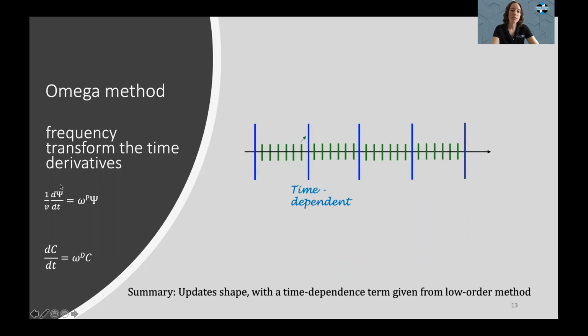In this approximation, the time derivative of the flux is modeled as a frequency, a prompt frequency, or a flux frequency. And the time derivative of the fission products has its own separate frequency. Now, keep in mind, we can also use frequencies to model a separate frequency for each group. So we have groups of fission products as well as energy groups in the flux.